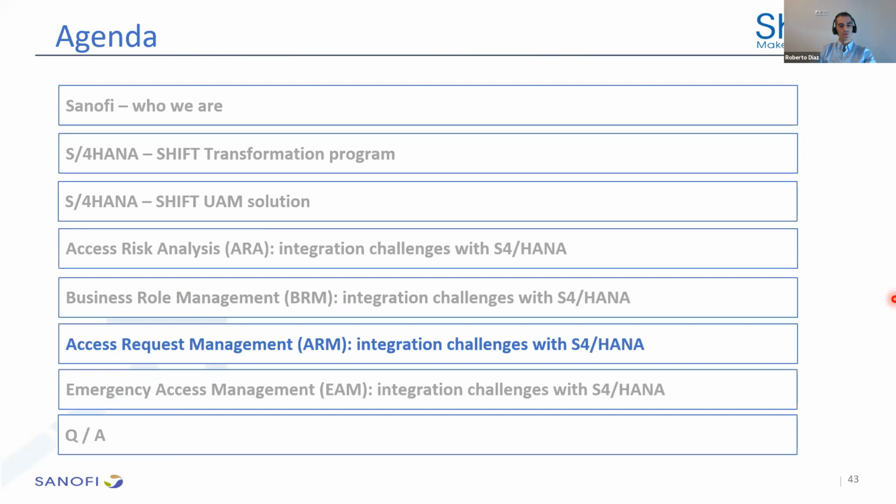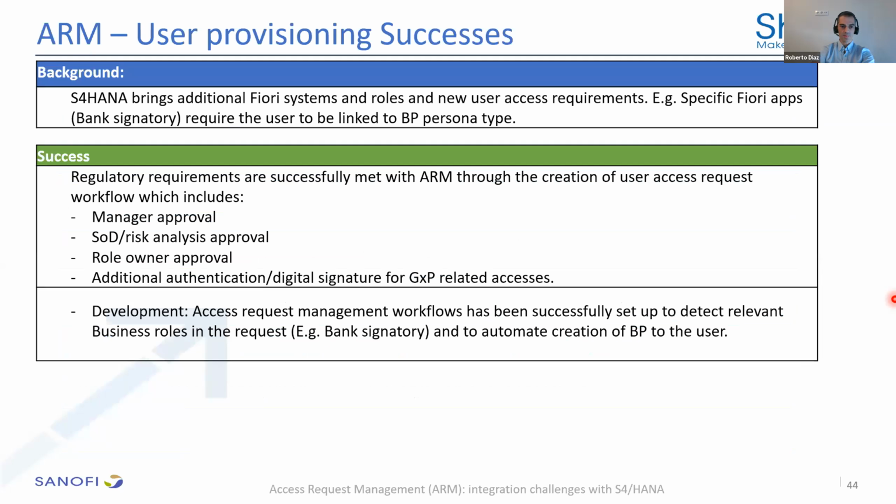Let's go now to the next module, which is access request management. Our success is that this module allows us to fit our requirements: to provision roles with a compliant workflow, considering manager approvals, SOD risk analysis, role owner approvals, and also additional authentication or approval for EXP-related roles.